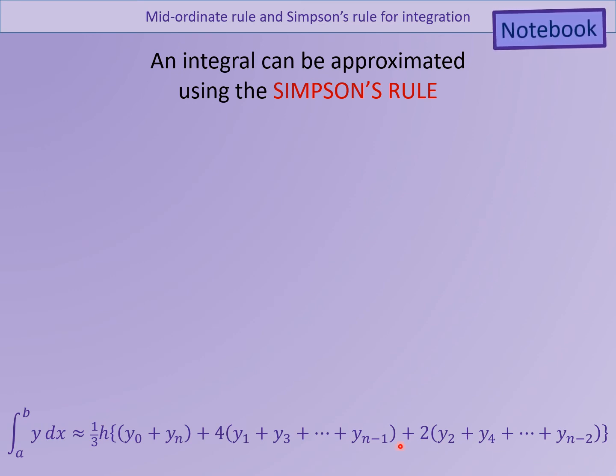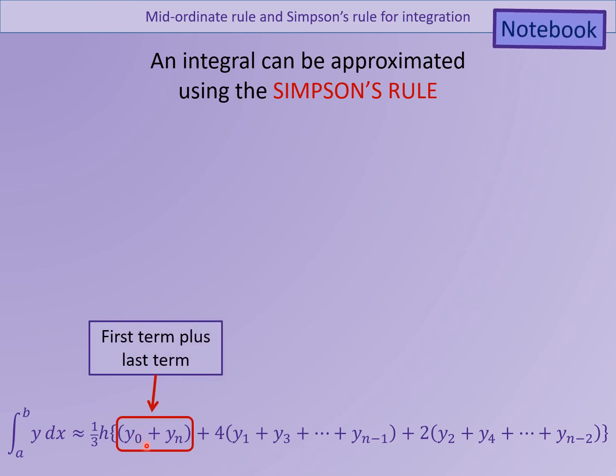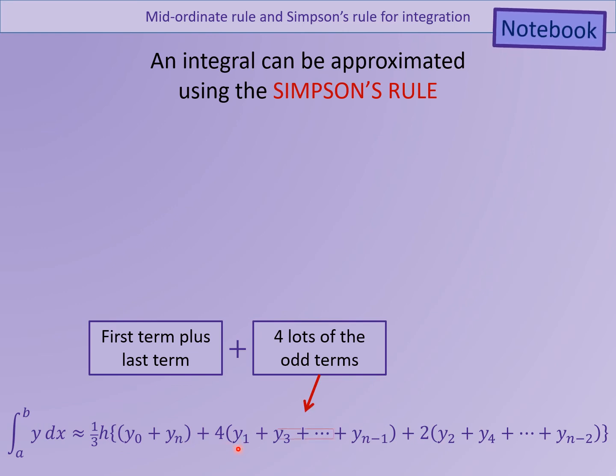So what are these terms about? The first two are literally your first term plus your last term, so the first number and the last number are added in first. Then you do 4 lots of all the odd terms: the y1, y3, y5, y7, all the odd terms appear 4 times.